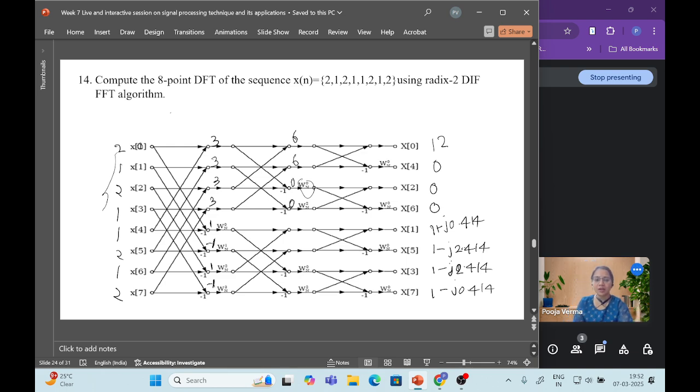You will get, and then write it in the sequence 0, then 1.